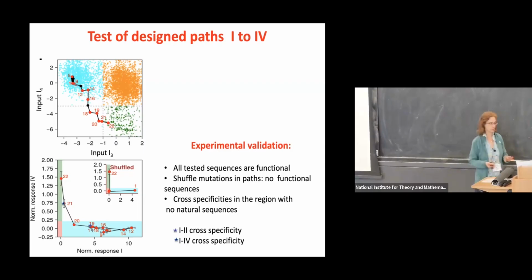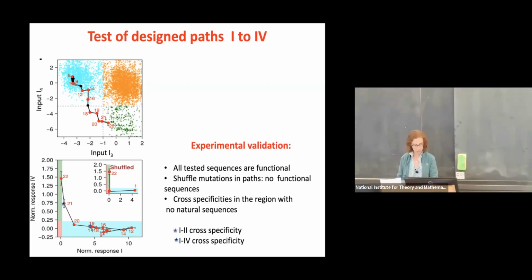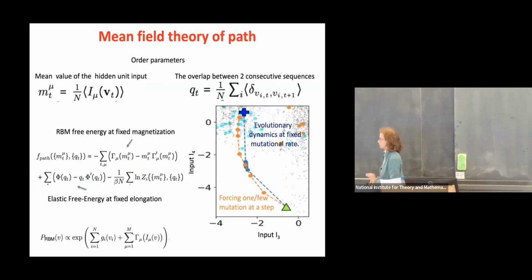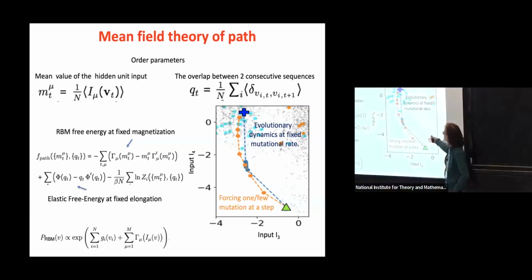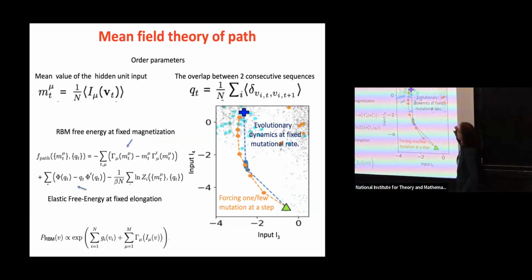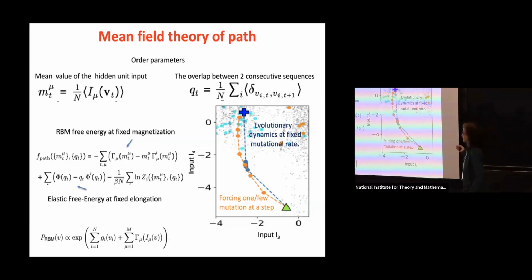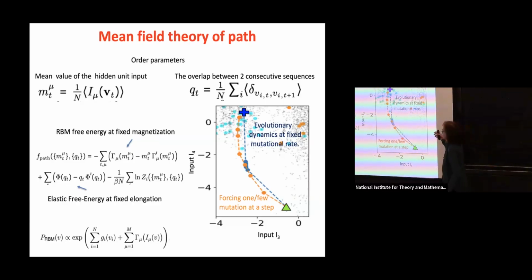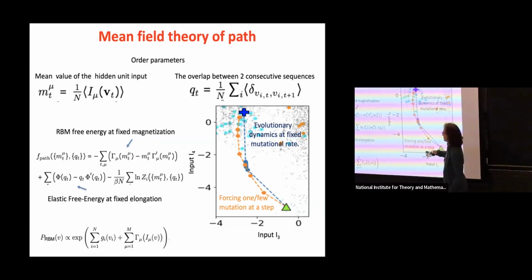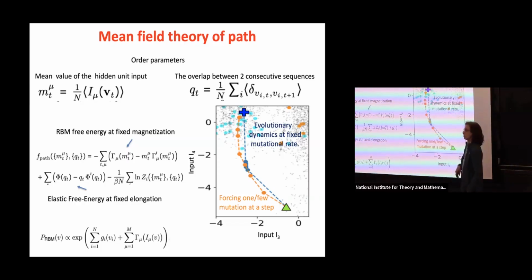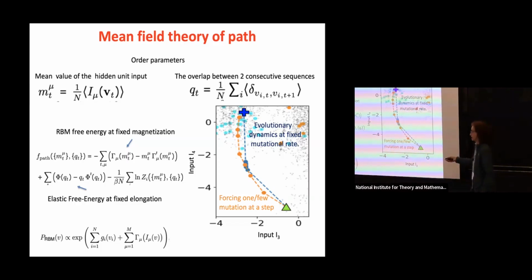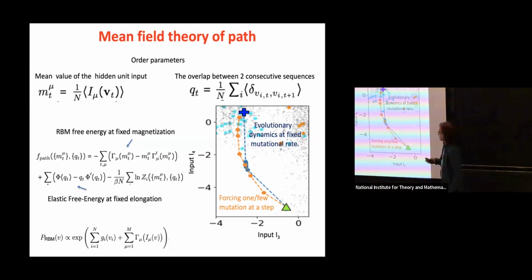There is a nice thing we can do with it, but I will not go into this, just one slide before, because time is running out: you can do a mean-field theory of these paths. So we have a free energy of the path, which depends only on the magnetizations, which are the inputs on the different hidden units of a given sequence.